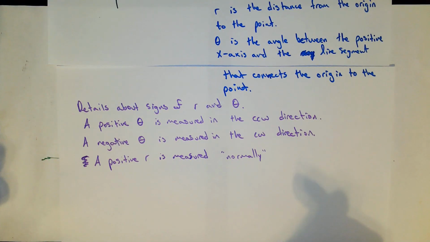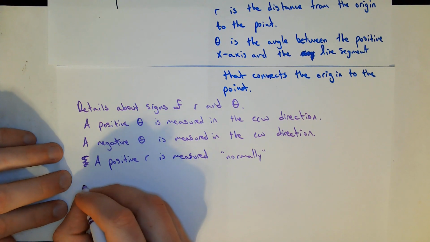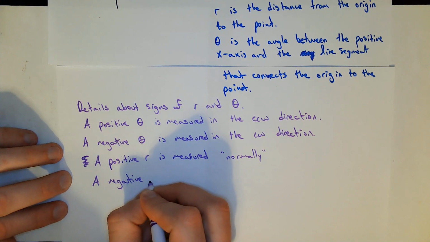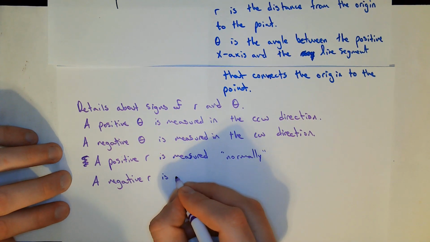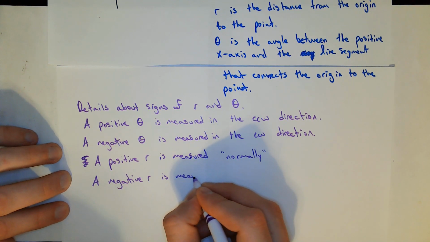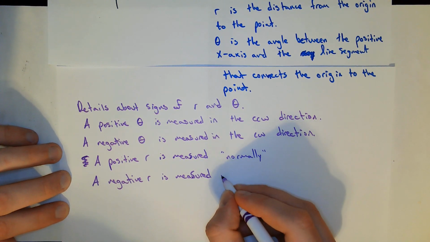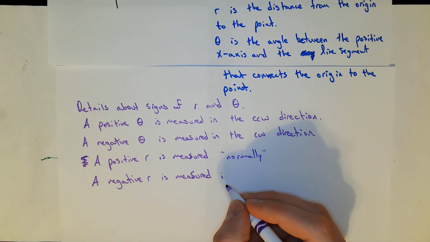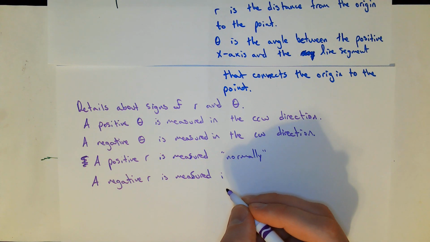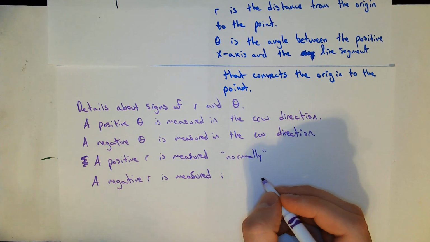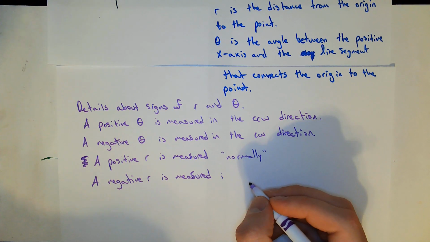Just as I drew that picture up there. Now, this is where things get a little bit weirder. A negative r, but not too weird, is measured, how do we say, in the opposite direction. Let's see, in the opposite direction given by theta.